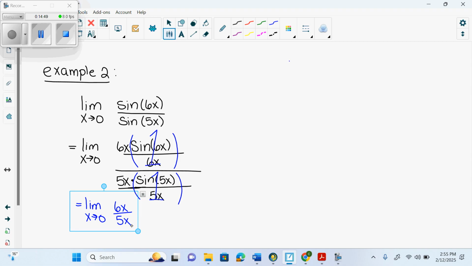If I plug a 0 in, I'm in trouble. What can I do? Take an x out. Just cancel them off. It's a monomial and a monomial, right? If it was like 6 plus x and 5 plus x, I'd be in trouble. I would not be able to do it. But because it's a monomial, these cancel off, and I'm left with 6 over 5.